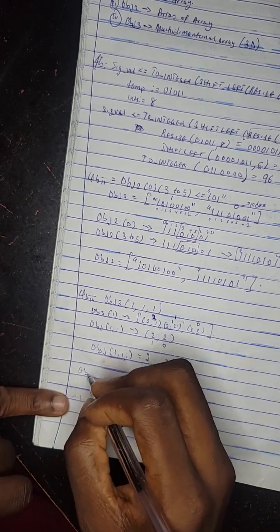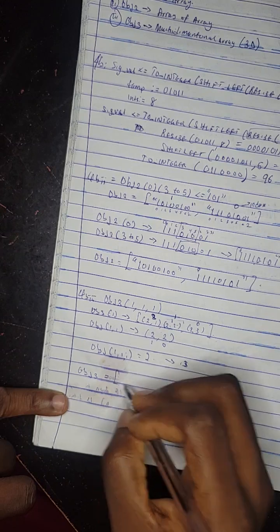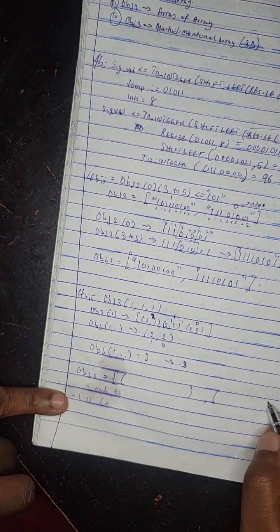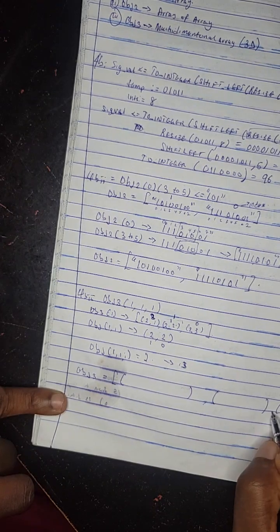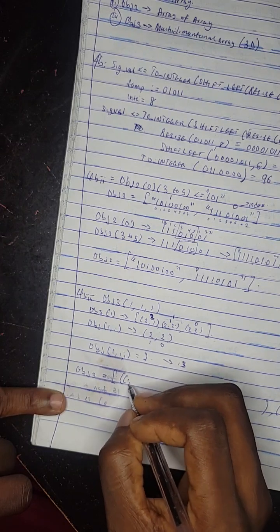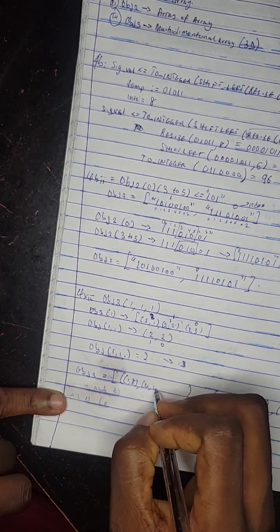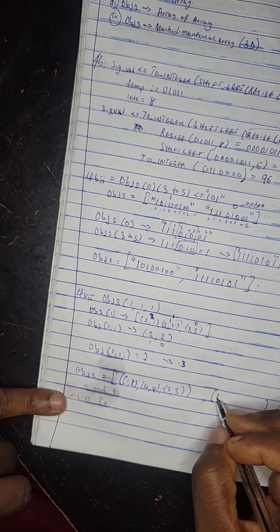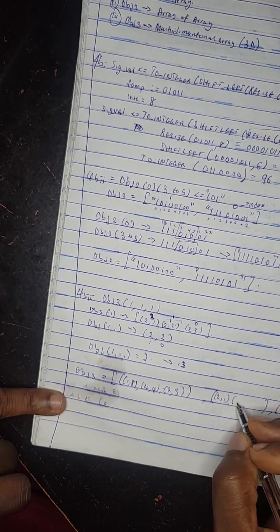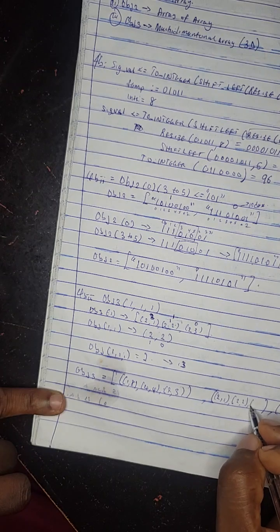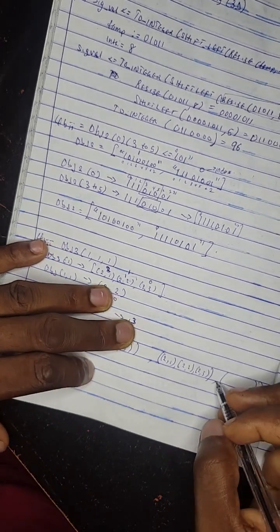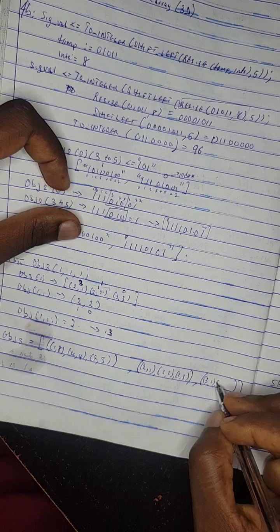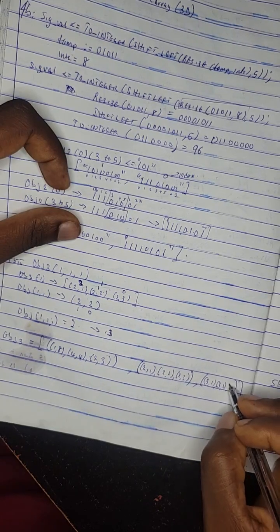Now let me just bring back the whole object 3 again, which is equal to 1 comma 8, 4 comma 4, 7 comma 3, 2 comma 1, 2 comma 2, 2 comma 3, and 3 comma 1, 3 comma 2, 3 comma 3.